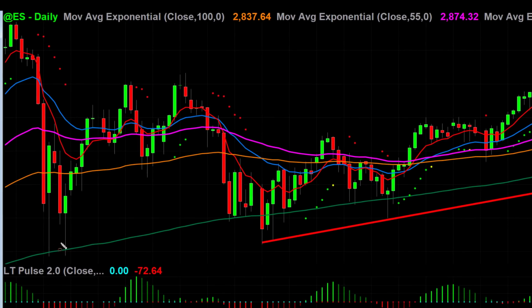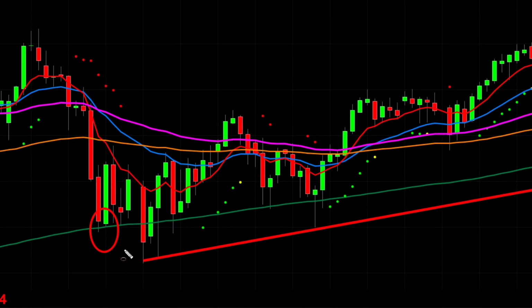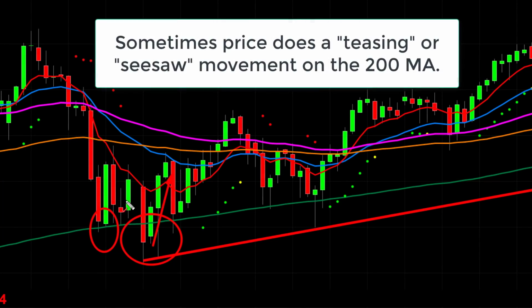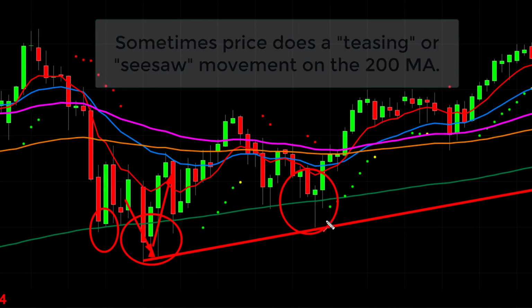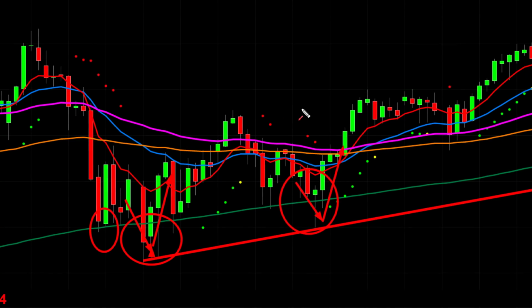Sometimes they come to the 200 daily average and they bounce off, like they did back in February. Sometimes they come down to the 200 daily average and do a seesaw. They come down, go below it, and go back above it again, like a teasing movement. They tease us, as you can see right over here again. Comes down, goes back above it. So sometimes you see this seesaw teasing movement.